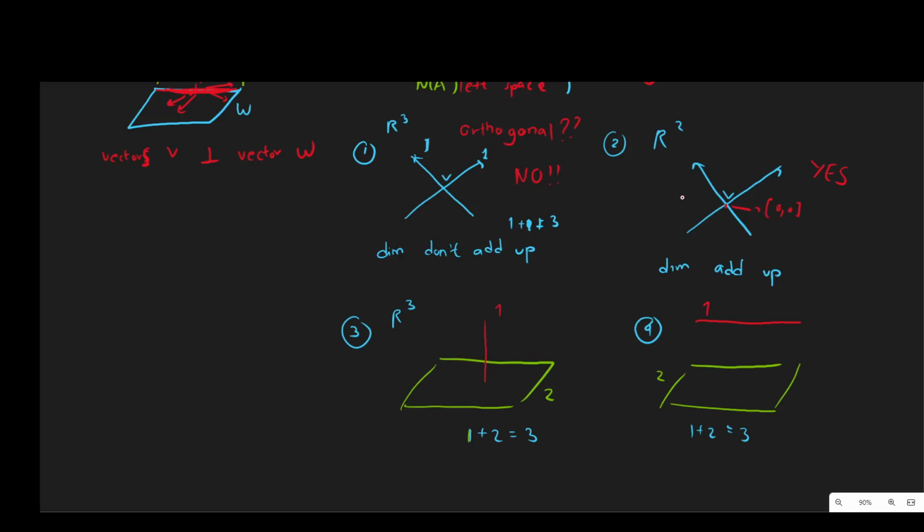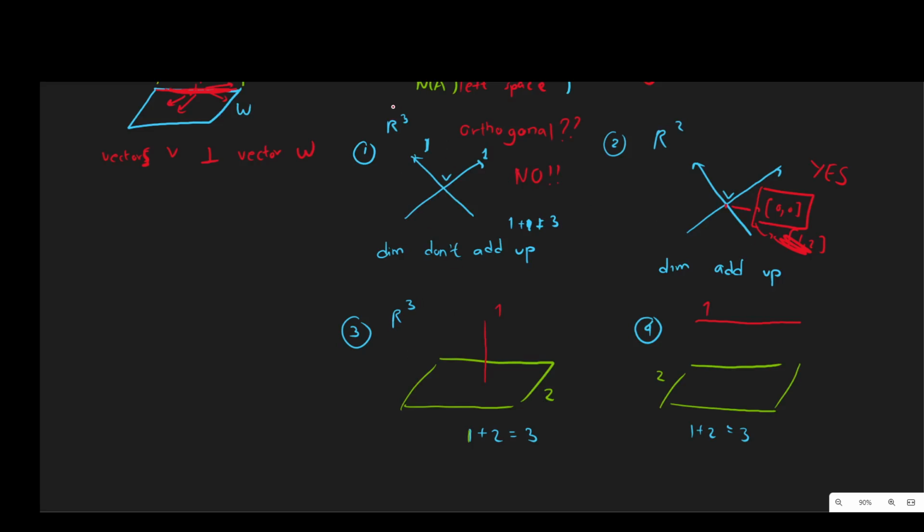Because if they don't, let's say this is just a random point like 1,2, then these two are not subspaces to begin with, so it doesn't matter if we consider the orthogonality. So make sure this is also an important thing that you should not forget.